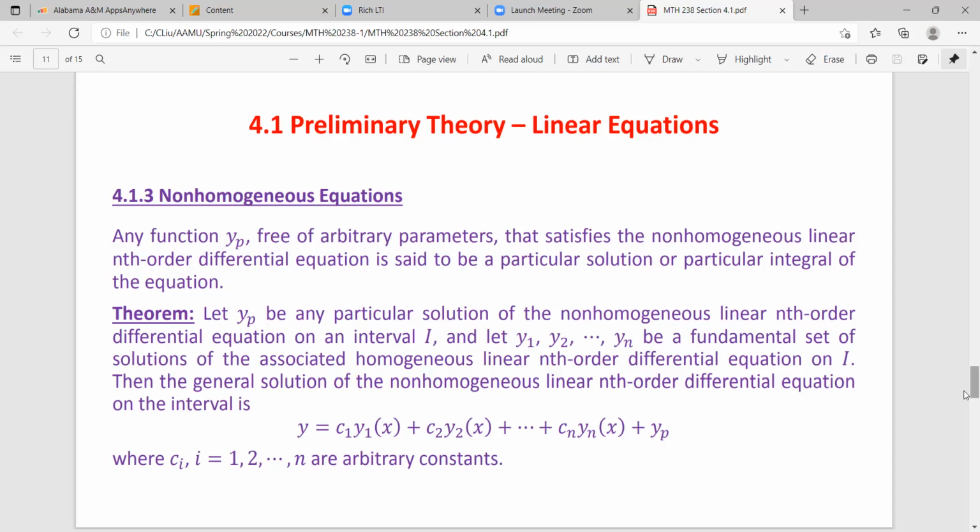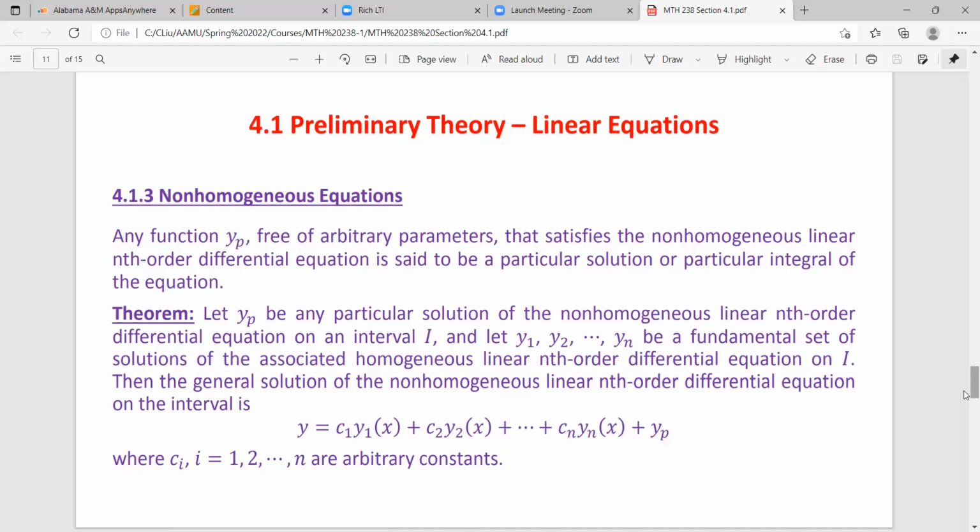It turns out that you just need to add the general solution of the homogeneous equation and the particular solution for the non-homogeneous equation, and that will give you the general solution of the non-homogeneous equation. Once again, you need to find the general solution of the associated homogeneous equation, and then find the particular solution to the original non-homogeneous equation and add them up.